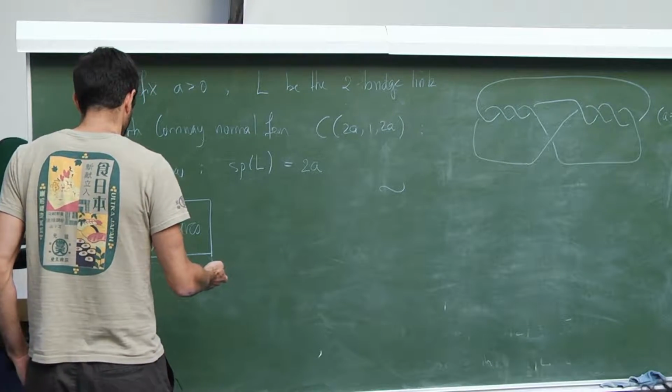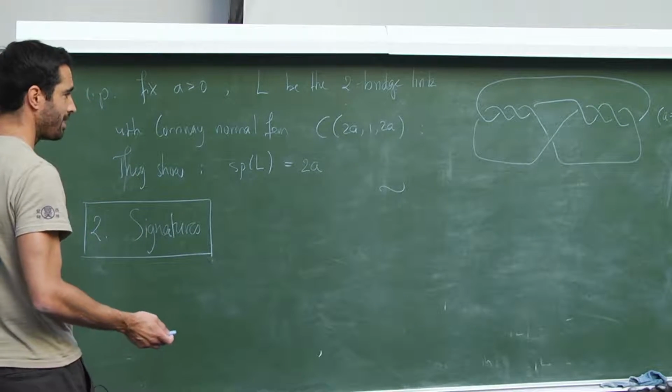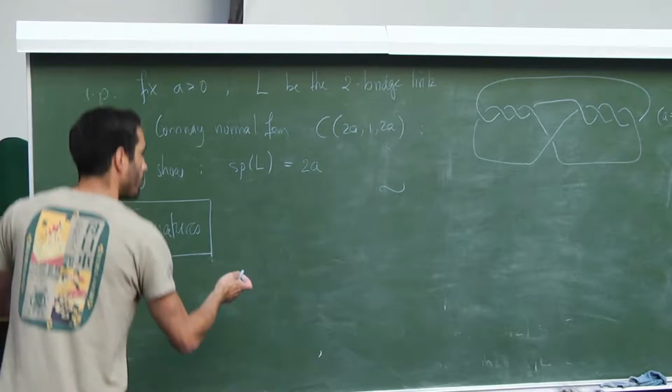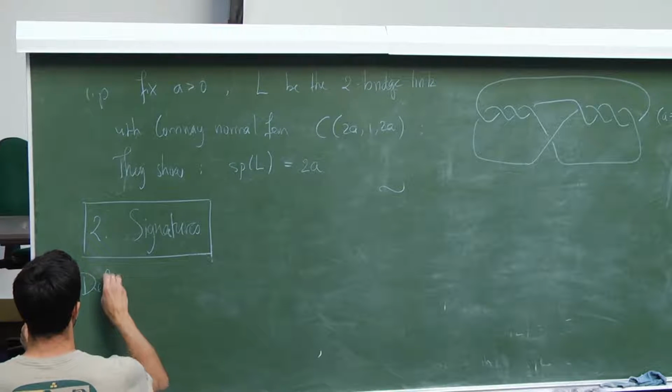So what I need to define is a so-called C-complex. That's the basic geometric object here.